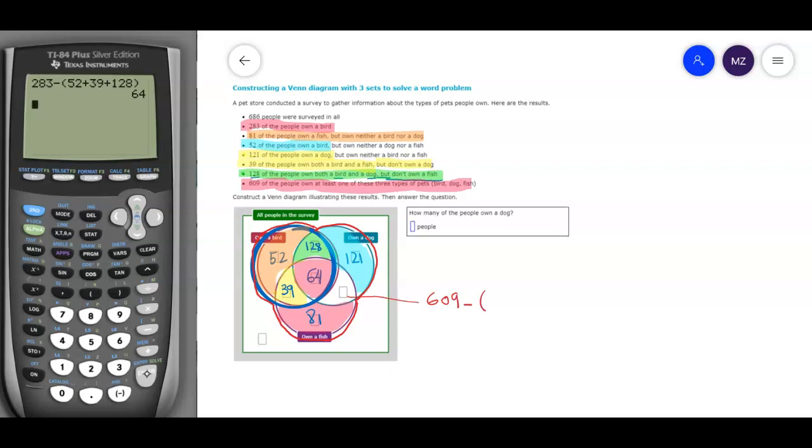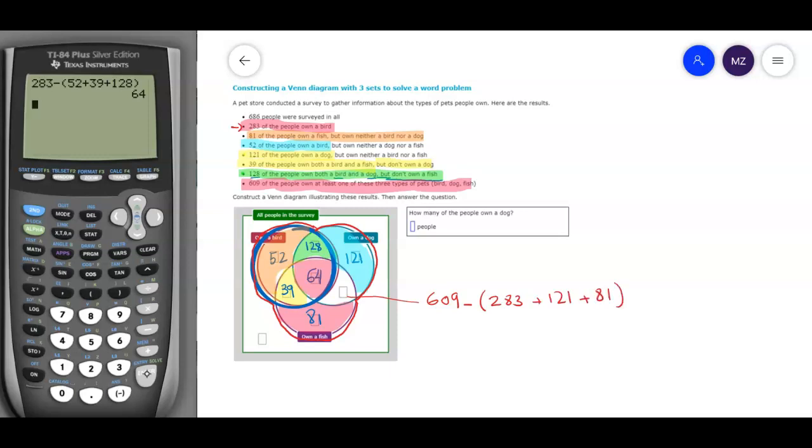You can type them one by one, or you can use the bird circle. We know how many are in the birds, the blue circle. That simplifies your work. So you use 283, and you don't add any of these numbers. Whatever is left is 121 and 81.